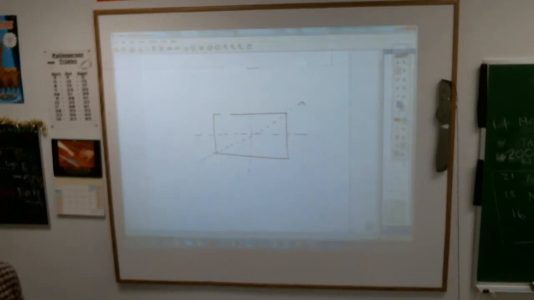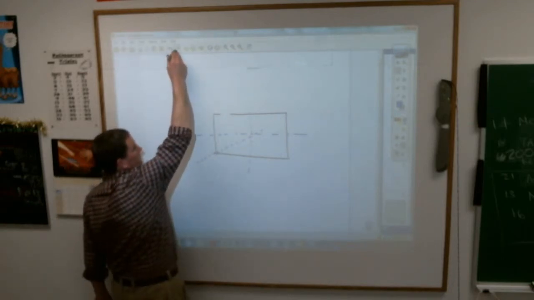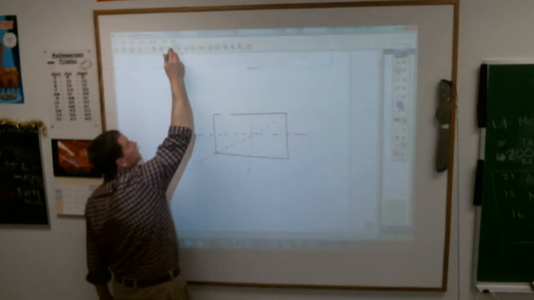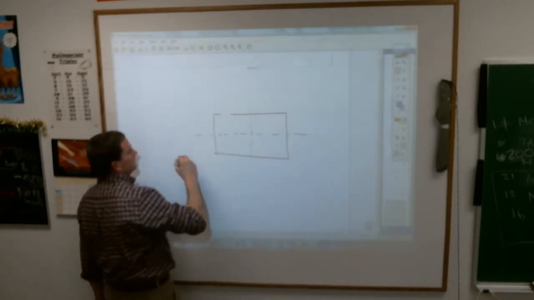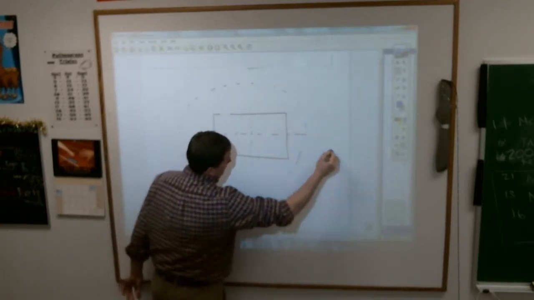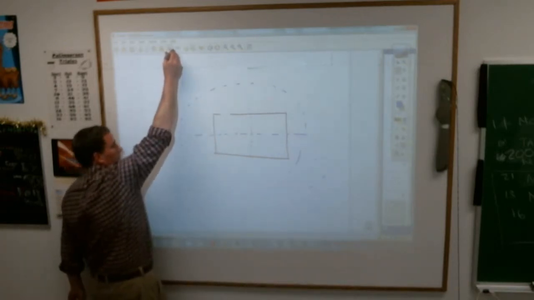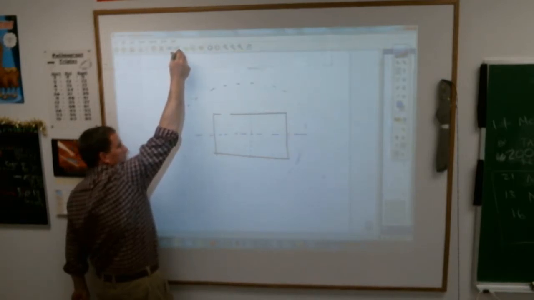So a rectangle only has those two lines of symmetry.